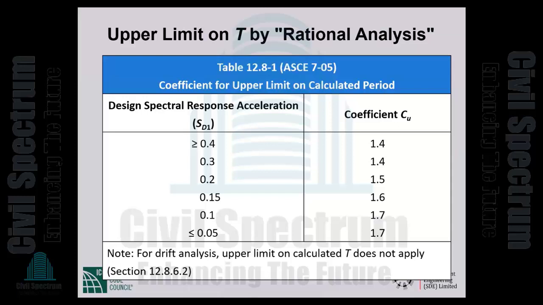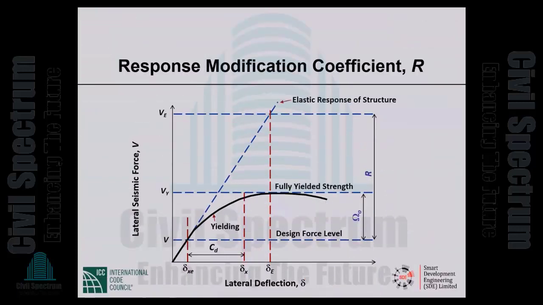BNBC does not tell you that, which is no loss. But I did want to point out that in deflection calculations, ASCE 7 does not restrict us to the upper bound on rationally computed period.